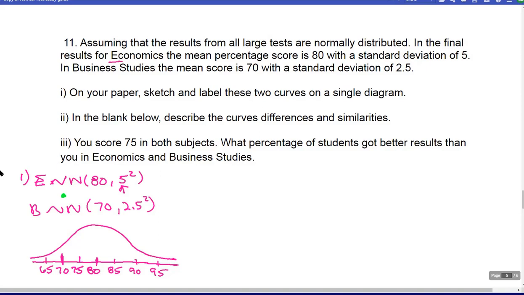So most of the graph is going to happen by here, because that's 7.5 away. So it's going to look like this. And again, I'm drawing sideways, and again, 7.5. Most of it is going to be here.